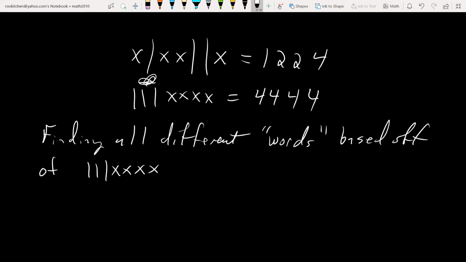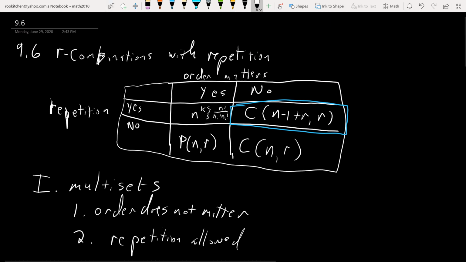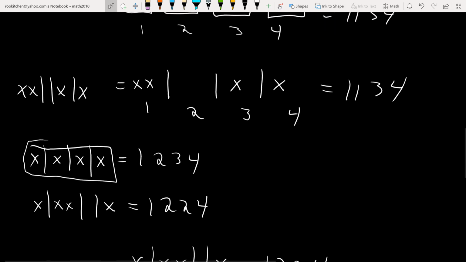So we're finding all possible arrangements of that, right? And we kind of already did that. That fell into this above category. Let me circle it in red. It's kind of this category, right? So order matters, but repetition matters as well.